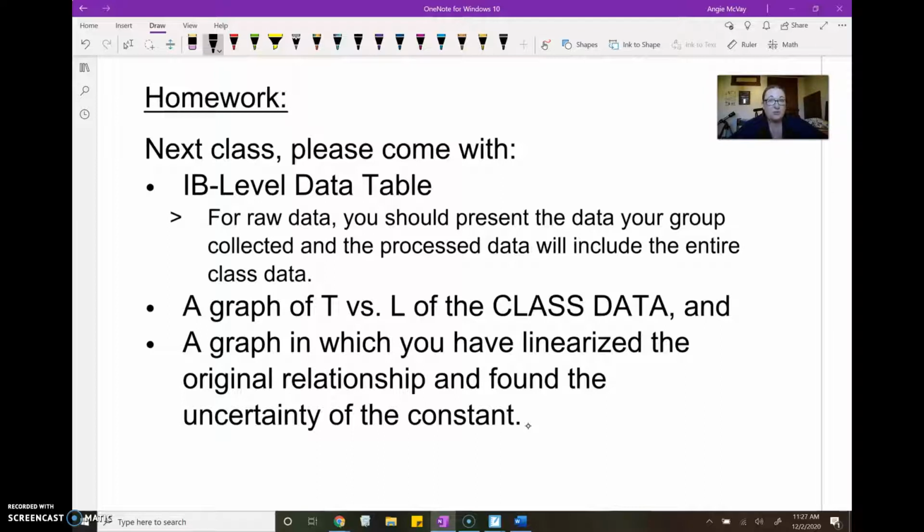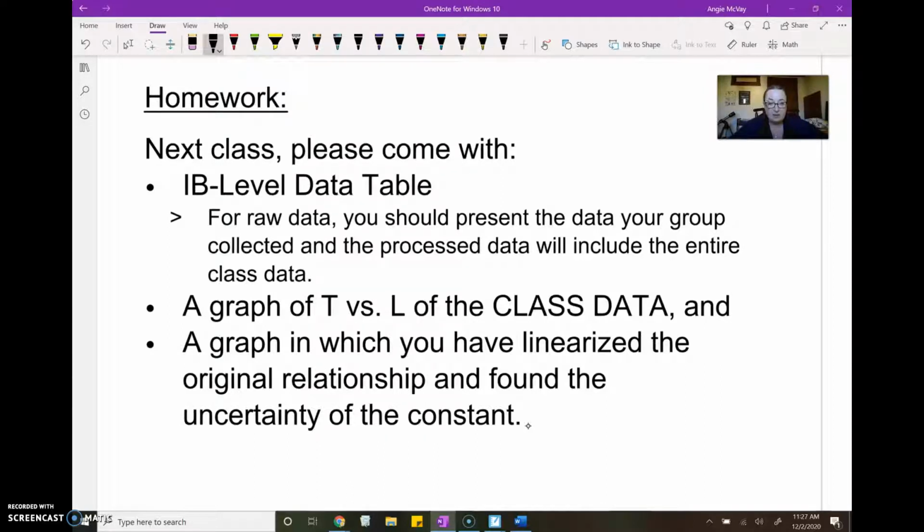If you measure something in centimeters, like the length of your string, it will need to be listed that way in your raw data table. Then in the processed data, those distances will need to be converted into meters. You'll need a graph of period versus length of the class data, and then linearize your original relationship and find the uncertainty of the constant using max and min slopes.